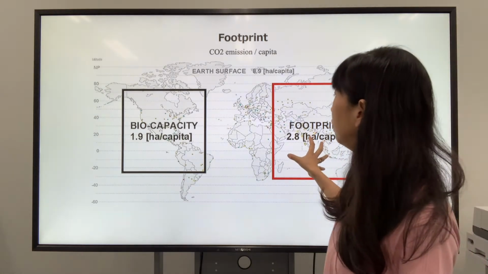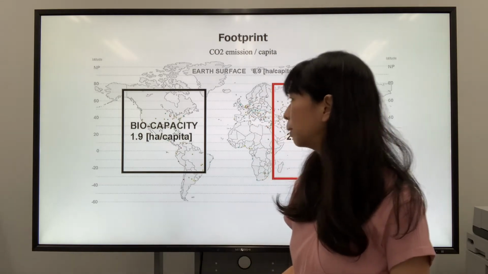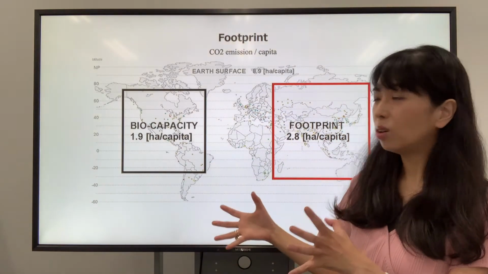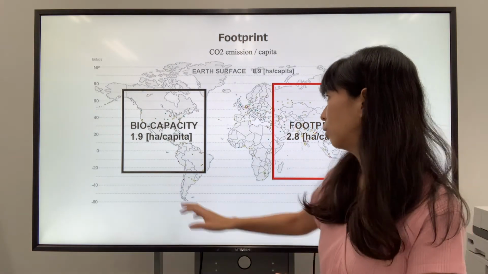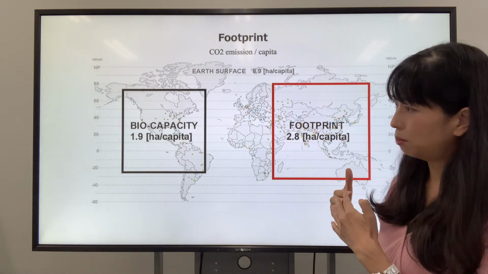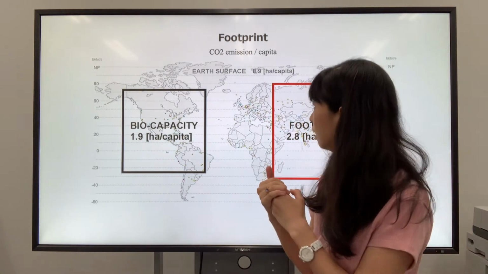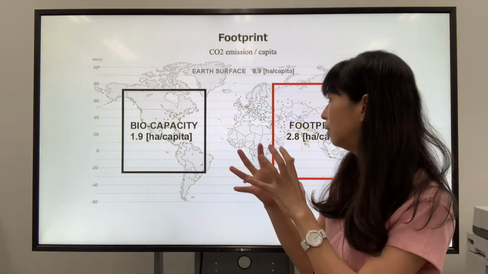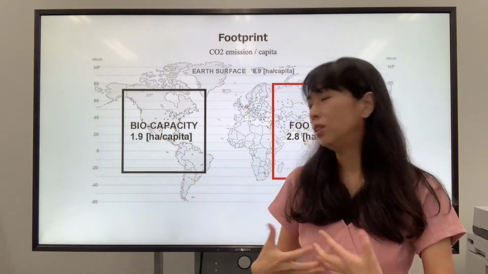If we compare this with the regenerative land, the biocapacity only has 1.9 hectares per capita. So you can see that this number is larger. This is why I'm saying that we are exceeding the carrying capacity, and therefore not allowing enough time for the land to recover or regenerate.